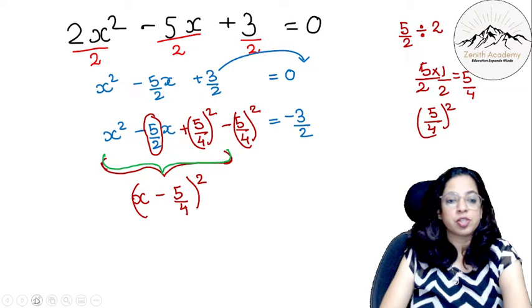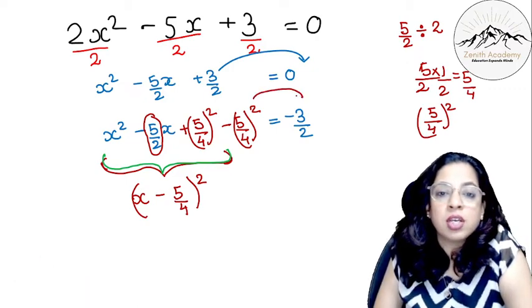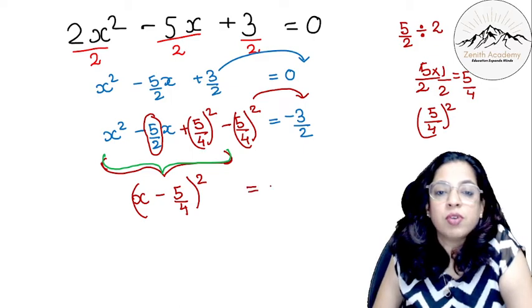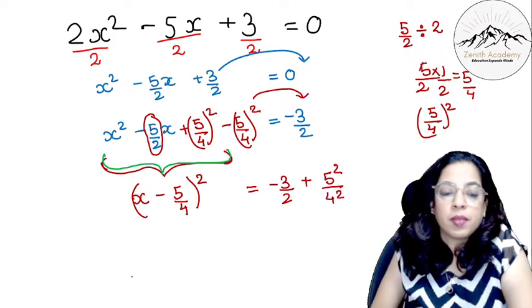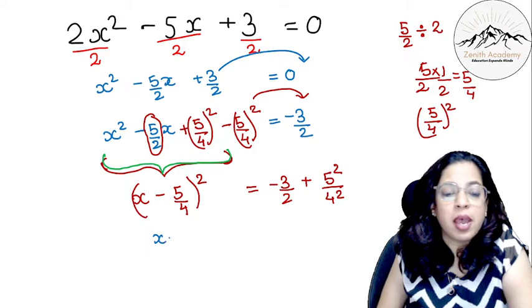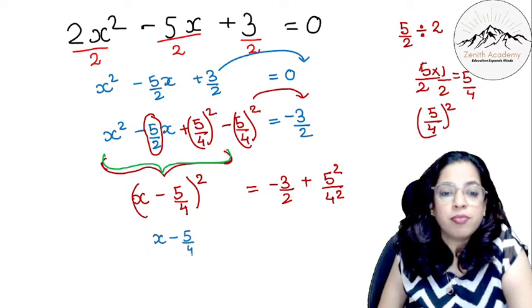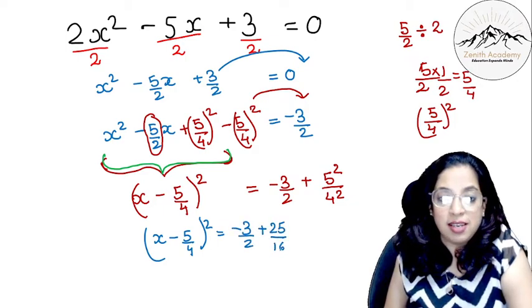When you expand and check, you will see that x minus 5/4 square is this expression. Okay. Now take this on the other side. So this is equal to minus 3/2 plus 5 square by 4 square. So what do you get now? You get x minus 5/4 whole square is equal to minus 3/2 plus 25/16.